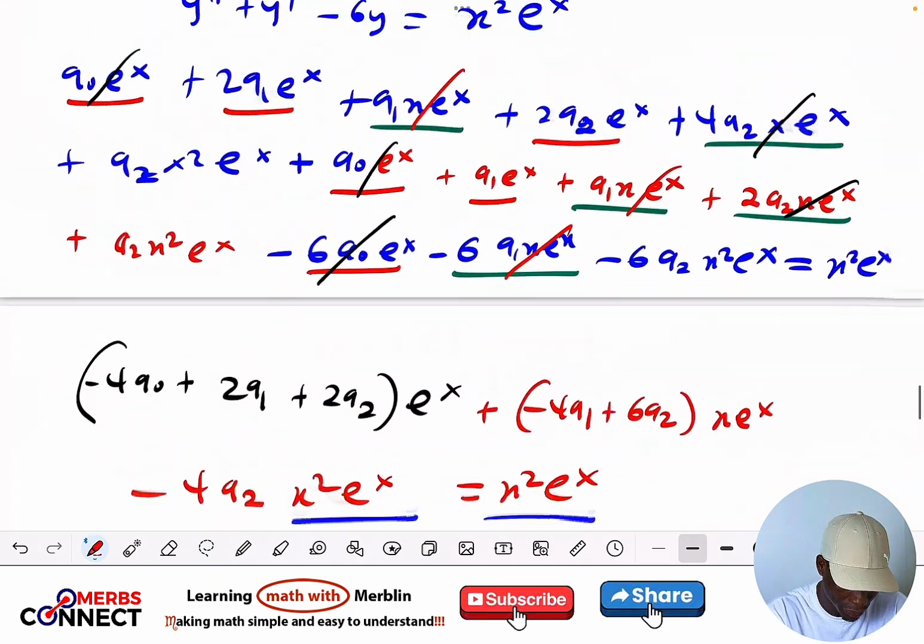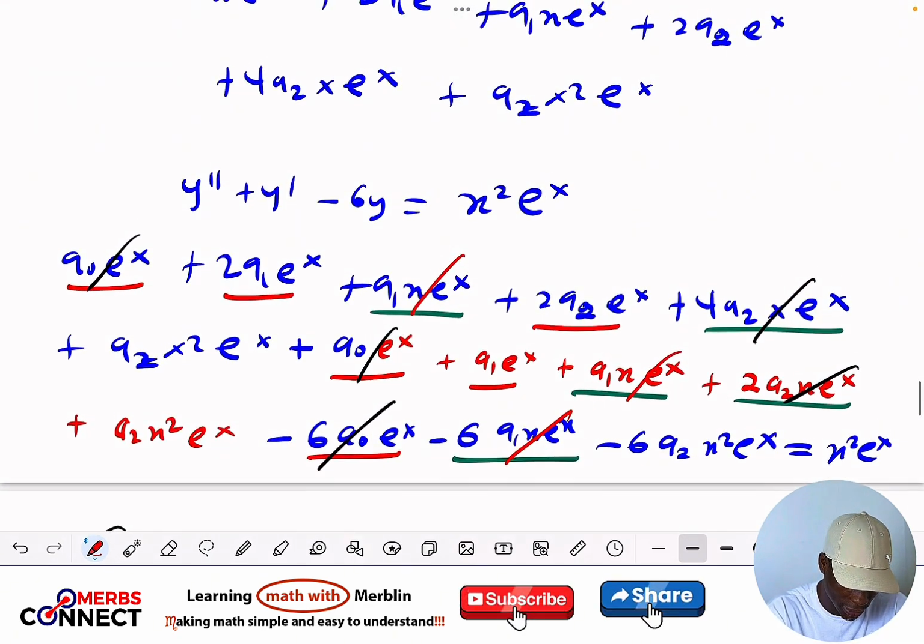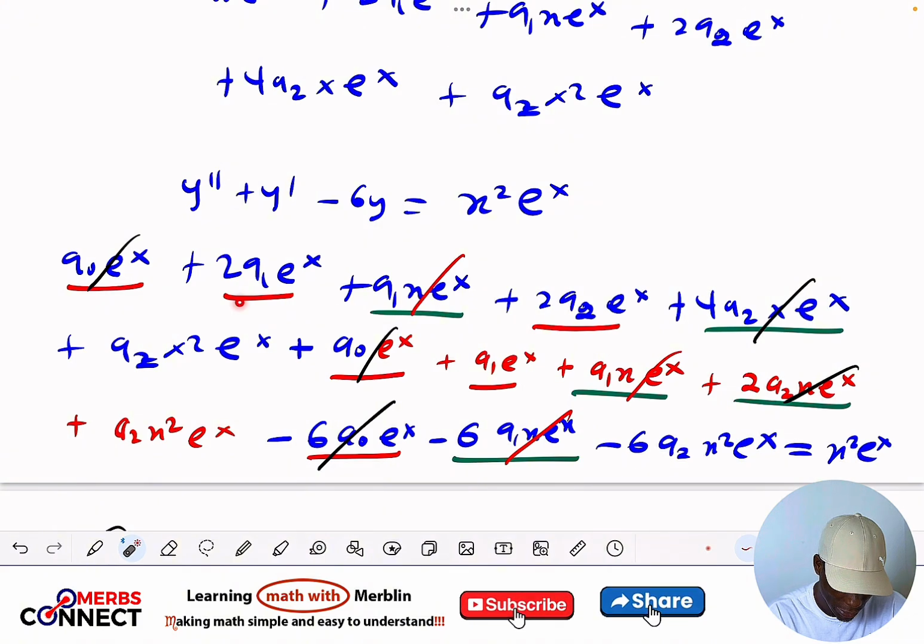Let me see. The one with constant a, we had this going with this giving us 4, going with this one giving us 4, and then we had a1. Okay, we have a1 here.